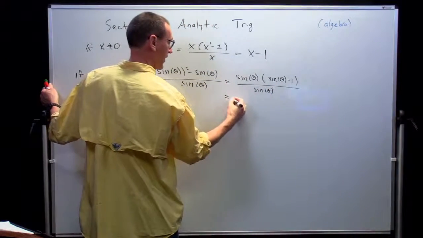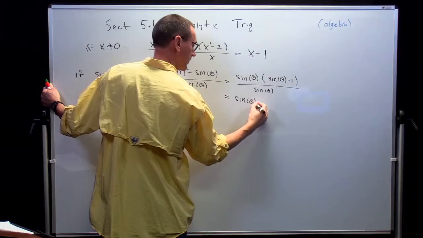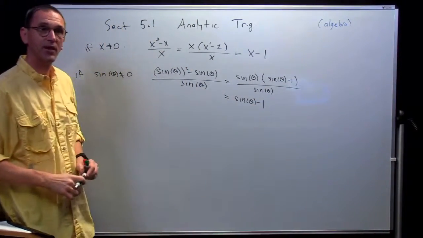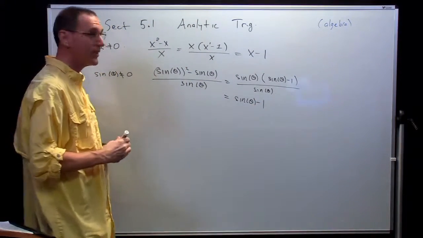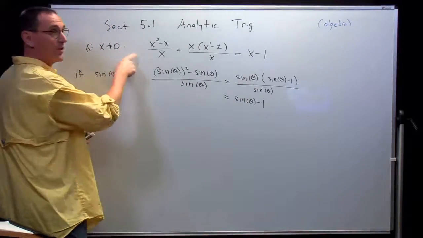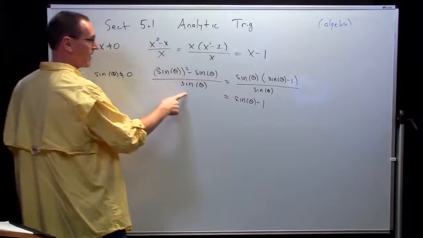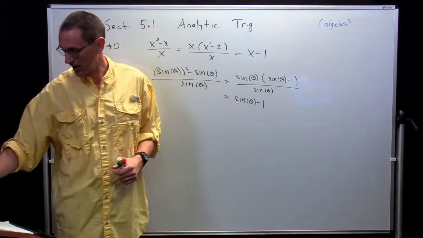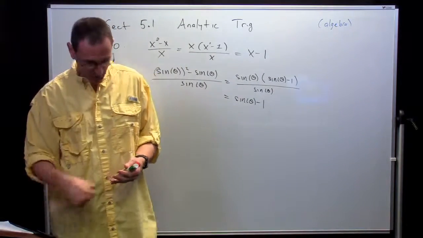Now these two things will cancel. And I just get sine of theta minus 1. And basically what we're doing here is no different than what we've been doing in the past. The only difference is that we're working with this function that we're going to have to be called sine.